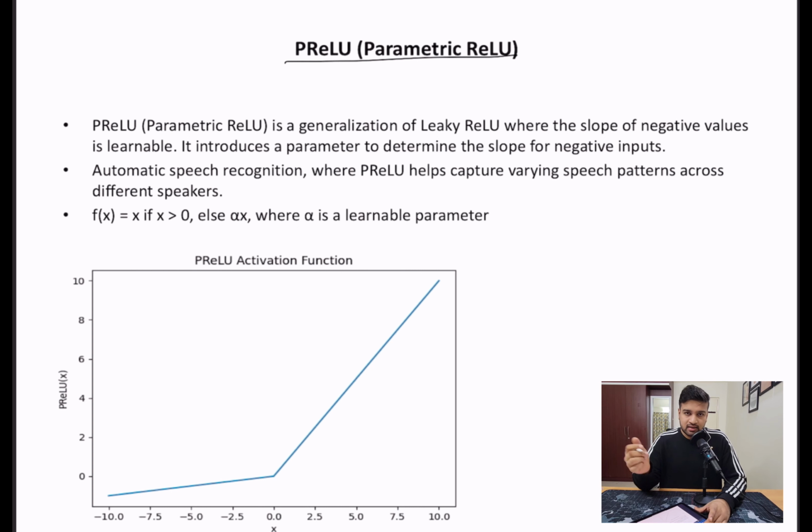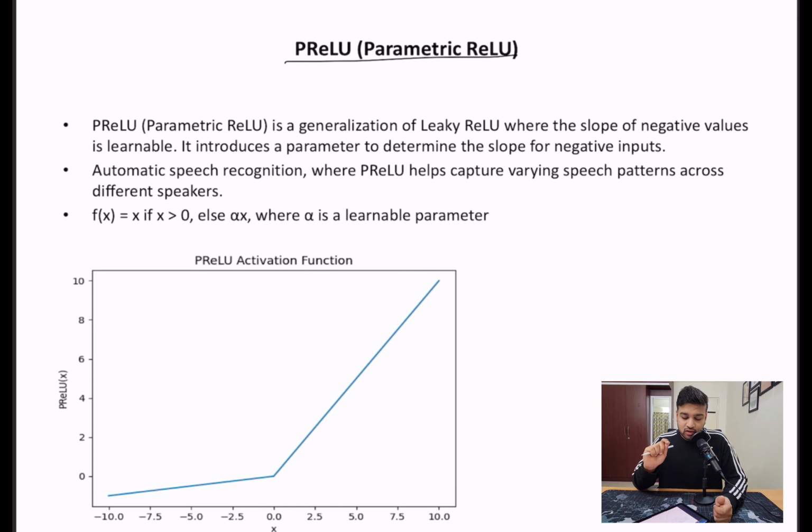Let us understand this in a little more detail. Whenever there is an automatic speech recognition task at hand, where multiple speakers are speaking and you want to recognize the speech of each and every speaker, every speaker might have a different energy level, a different way of delivering content, a different accent, different lengths of pauses, different pitch and everything, right? So every speaker is very different. Voice is almost like a fingerprint. Everyone has a different voice to a certain extent.